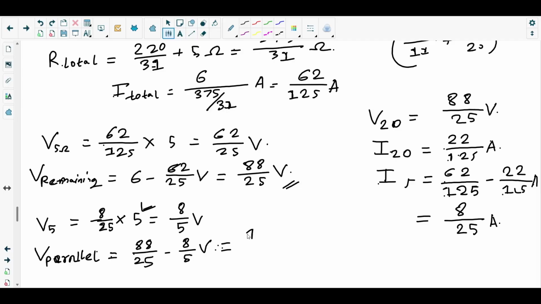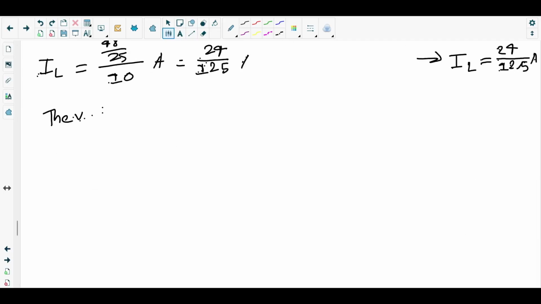Now, for the Thevenin's equivalent circuit, we need to draw the Thevenin circuit excluding the load resistor, right? So we need to draw the Thevenin circuit.